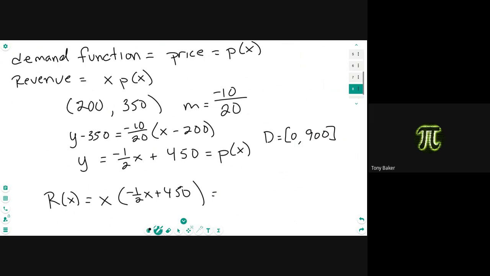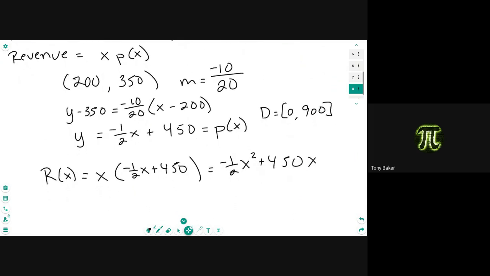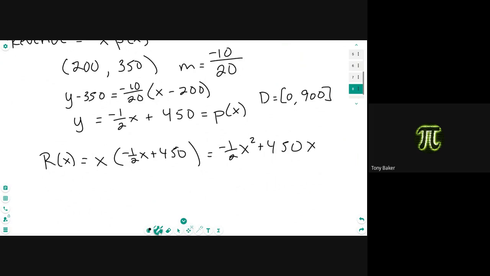All right. I would multiply this out so I don't have to deal with the product rule. How do I maximize things? What do I need to find? I'm looking for my derivative.